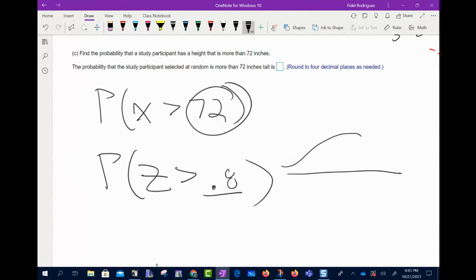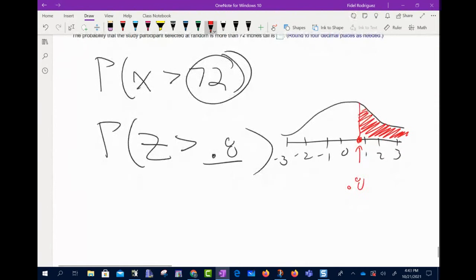So again, when I draw my picture, here's my 0, my 1, my 2, my 3, and -1, -2, and -3. The number I'm interested in is that positive 0.8. And I'm shading everything to the right.